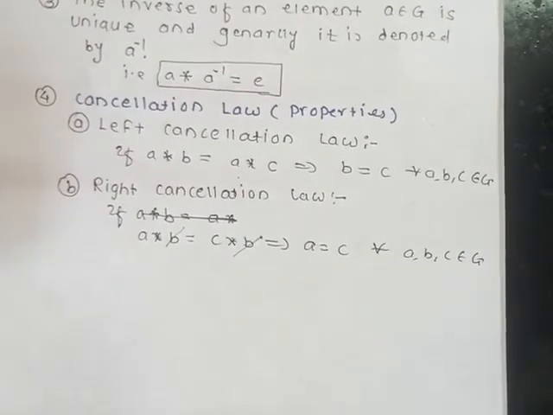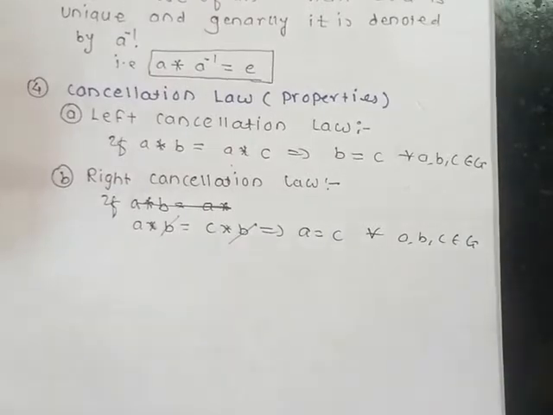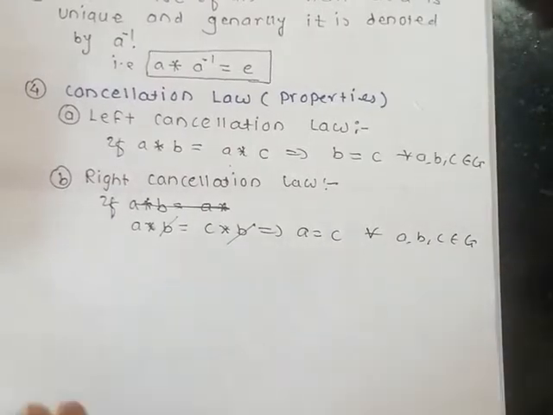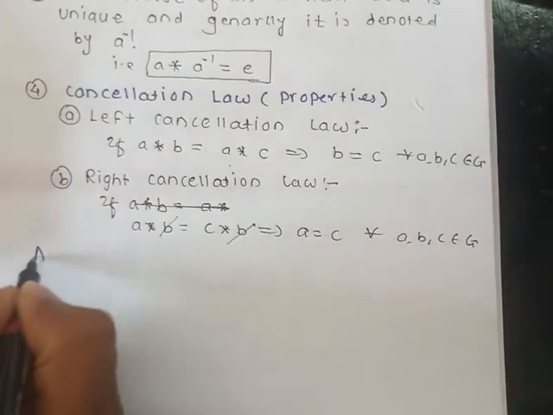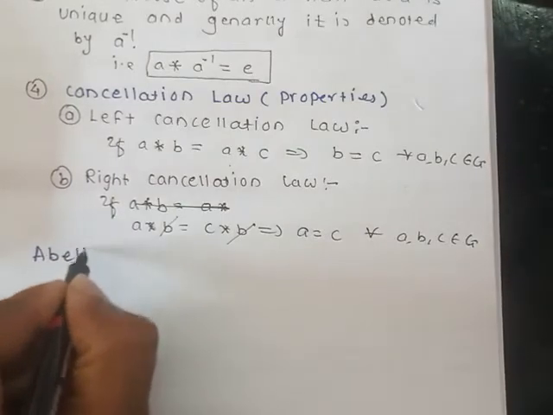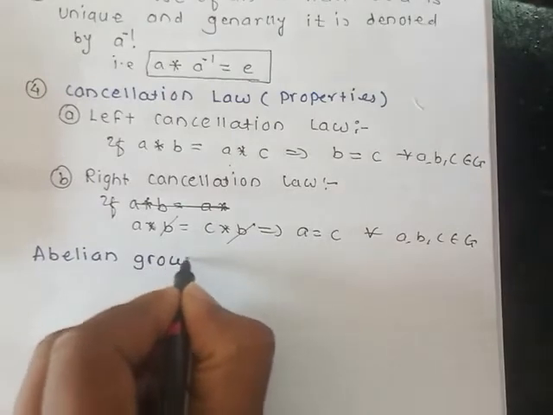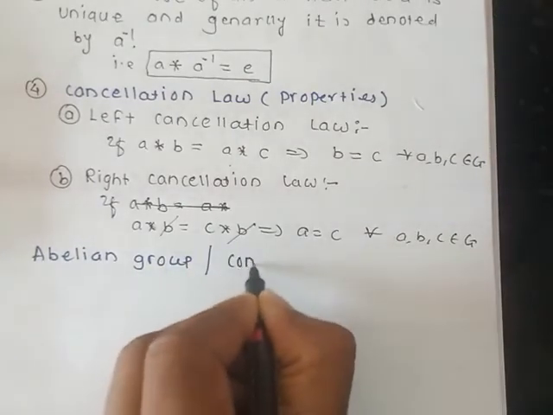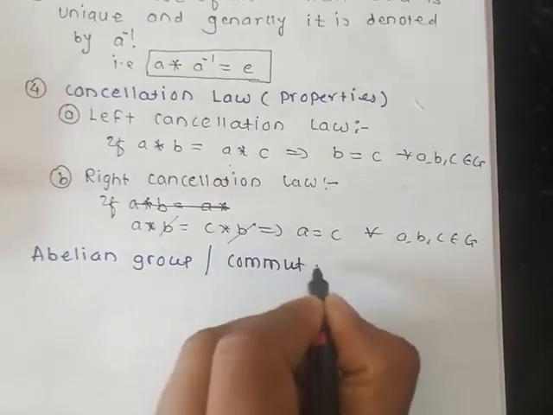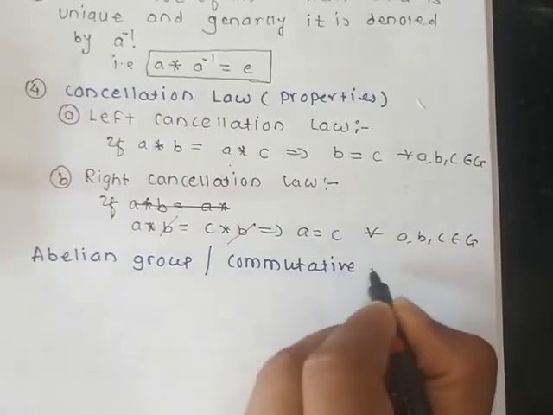Next definition, we are going to see the definition of abelian group or commutative group.